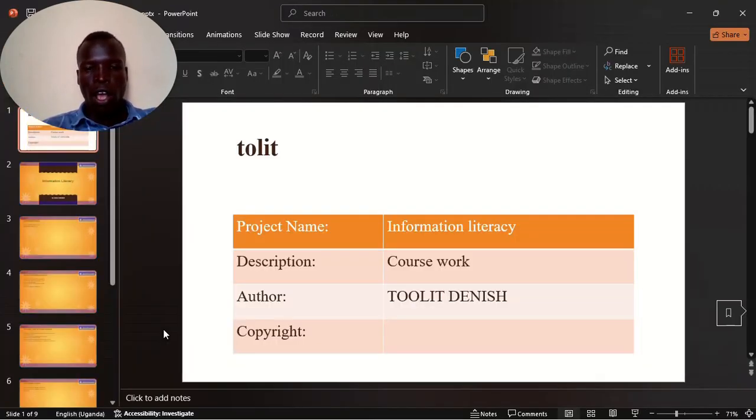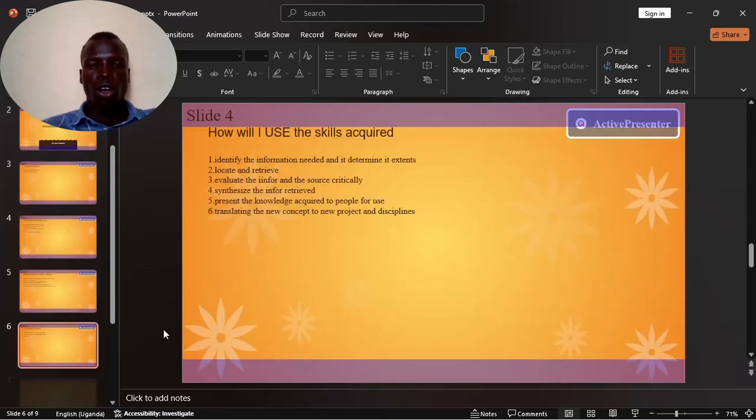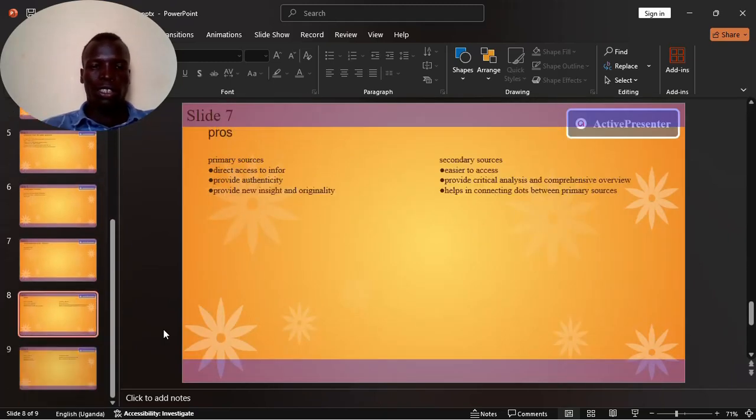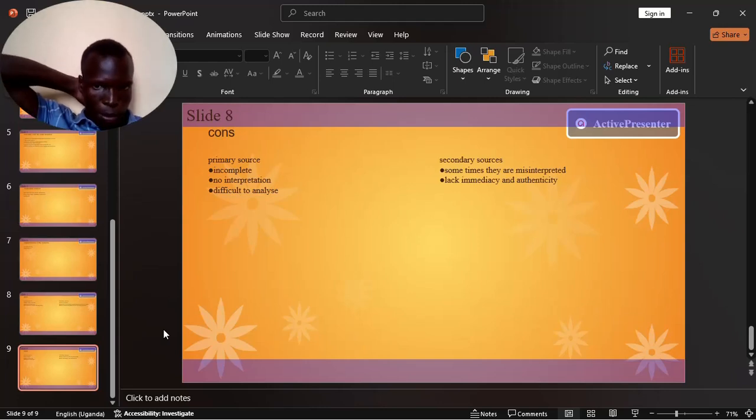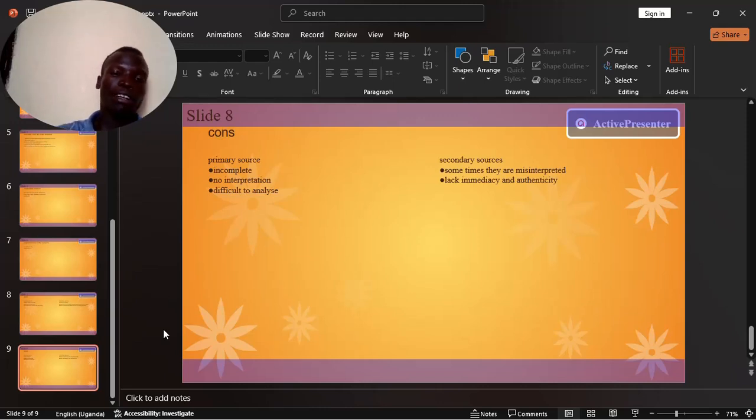We are going to use slide 8 to give us a clear version of it.